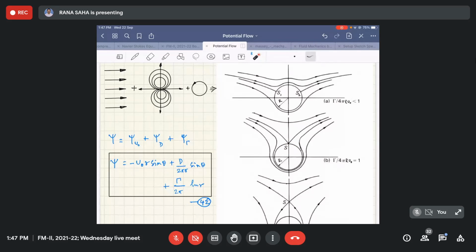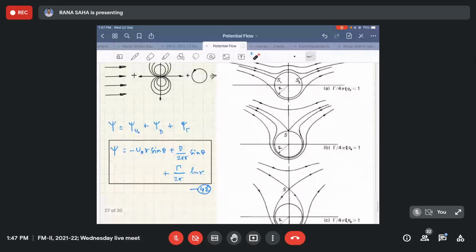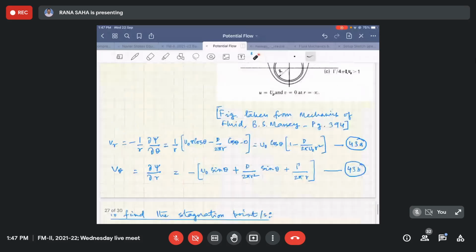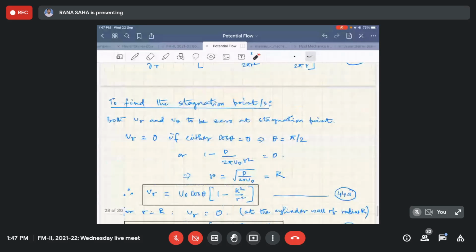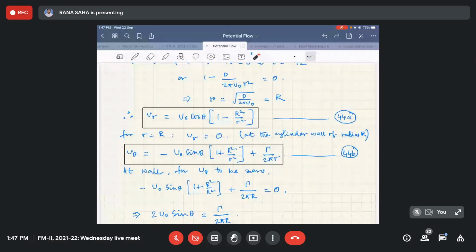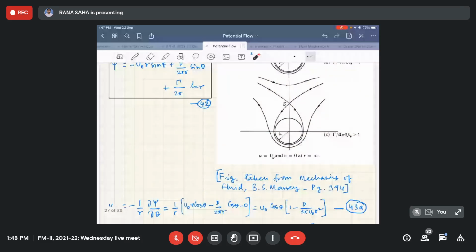And if this term gamma over 4 pi R U naught is greater than 1, then the solution here is not possible, which indicates that your stagnation point does not remain on r equals to capital R, rather it will be somewhere else, not on the body but beyond the body.